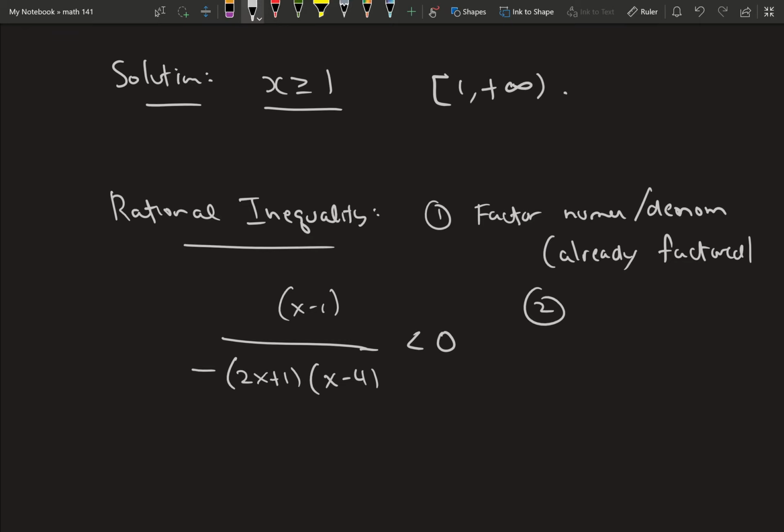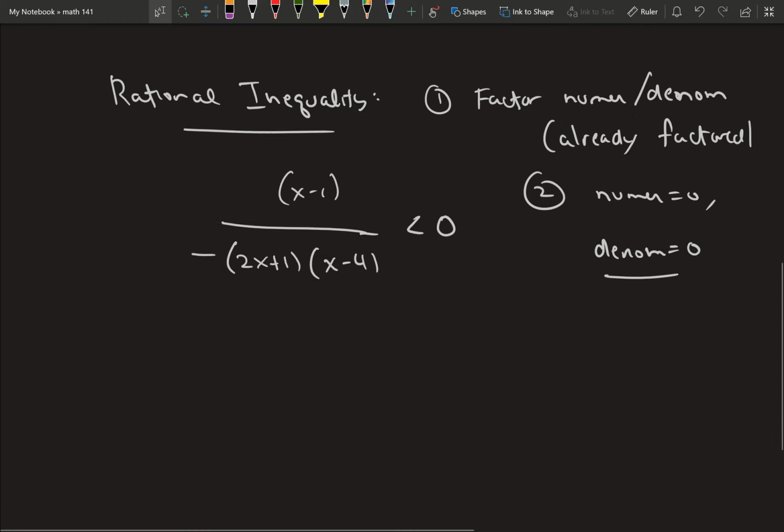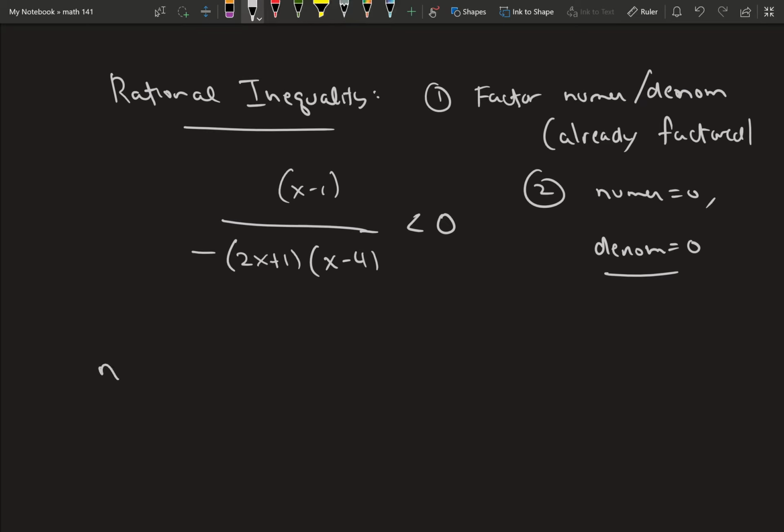And the second step is to see where is the numerator equal to 0, and separately, where does the denominator equal 0. So for example, in this case, numerator being 0, well, when does that occur? That occurs at x equals 1. The denominator being 0, when does that occur?